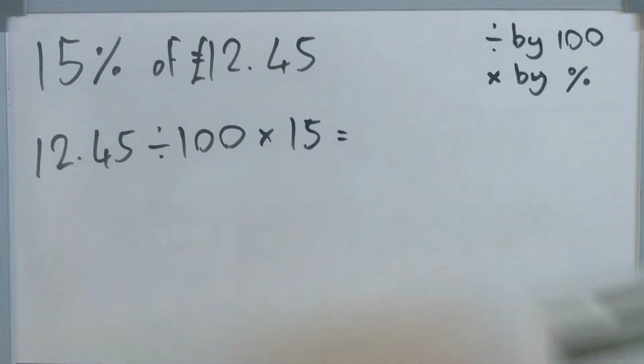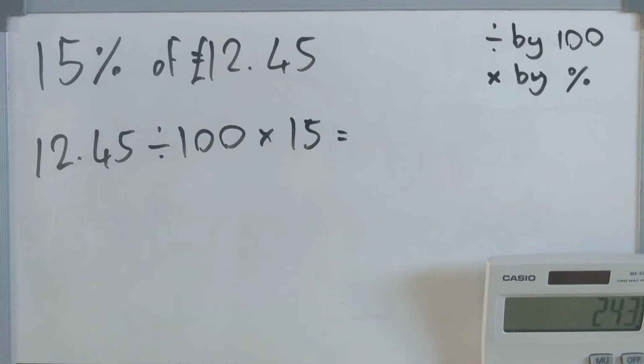Okay, once again, use the calculator. 12.45 divided by 100 times 15 is 1.8675.